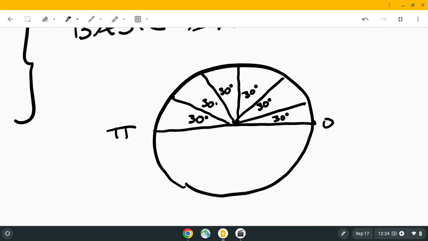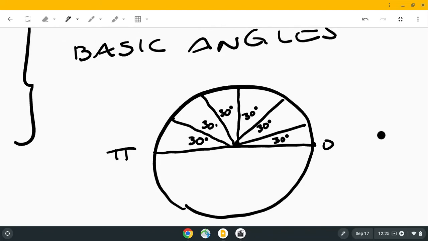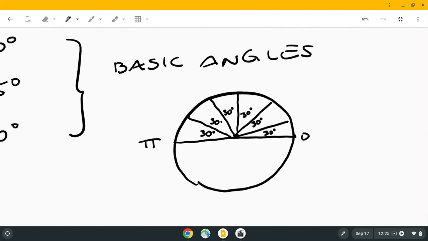So here, if we have 30 degrees, it takes 6 of them. 1, 2, 3, 4, 5, 6. It takes 6 30 degrees to make 180, right? 180 and pi are the same. So it takes 6 of them to make 1 pi radian. Okay, not 1 radian, 1 pi radian. Maybe I should just say pi radian.